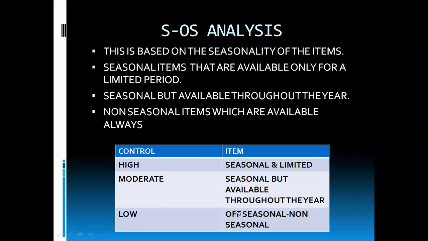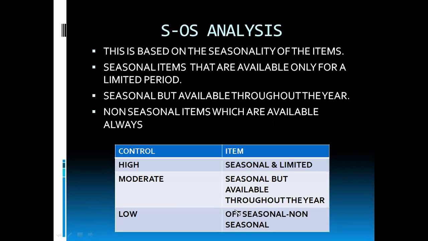After that comes SOS: seasonal, off-seasonal. We know that many items are available only during a particular season, and there are items which are available throughout the year. So how will the classification be done, and how can we exercise control?